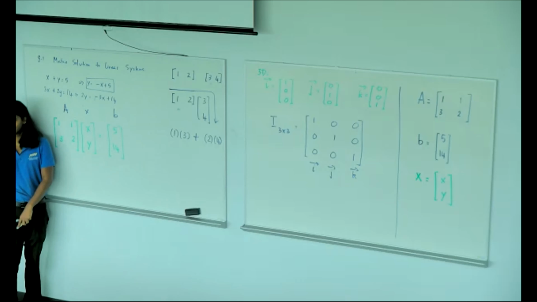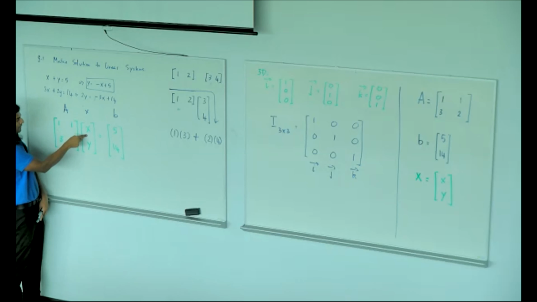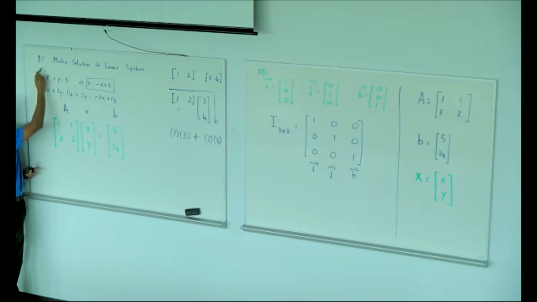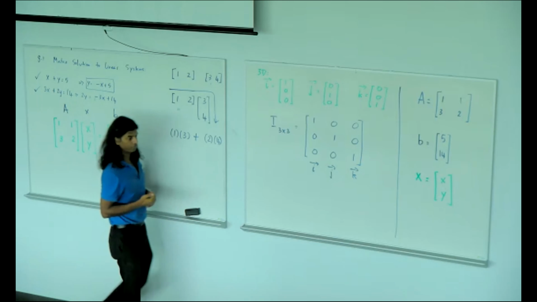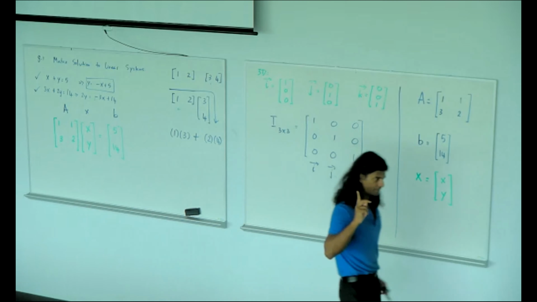X plus y, do we agree? 1 times x, 1 times y, and then add. I get the first equation. Good. Second cliff, run, jump, 3 times x, 2 times y, plus in the middle. I get that equation. Yes. So by writing Ax equals b, I'm simply referring to the linear system.